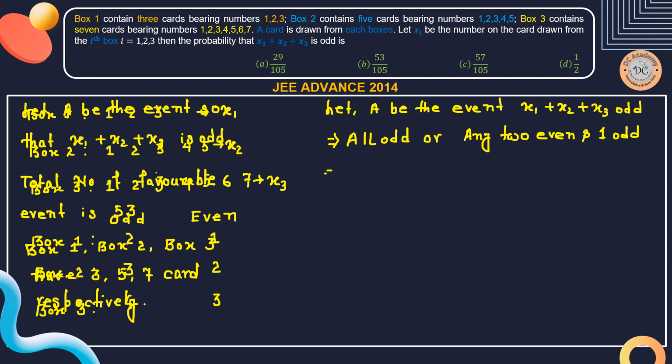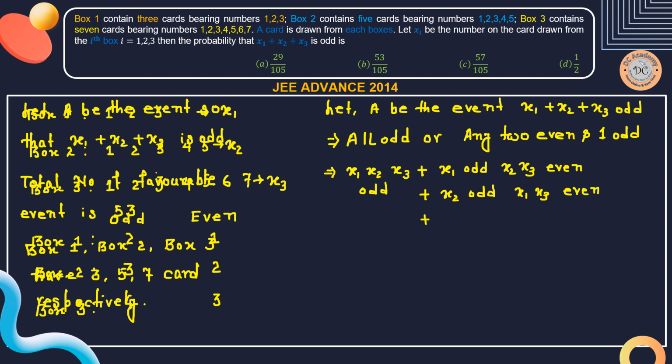So all odd means that x1, x2, x3, these three cards must all be odd, plus, if x1 is an odd card, then x2 and x3 must be even cards, plus x2 can be odd and x1 and x3 must be even.